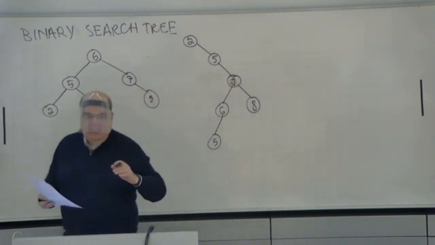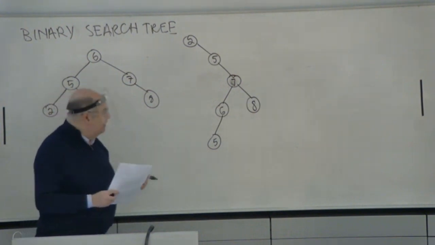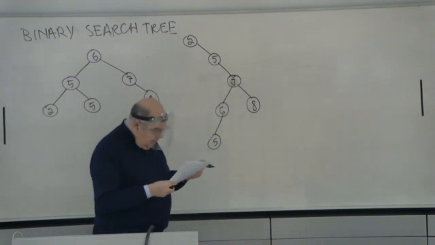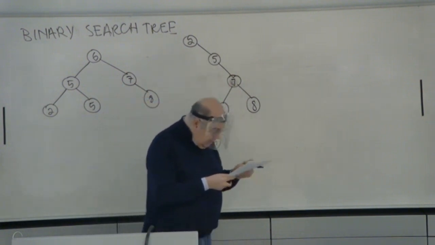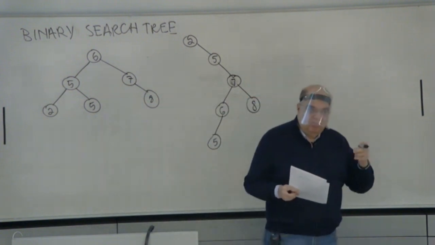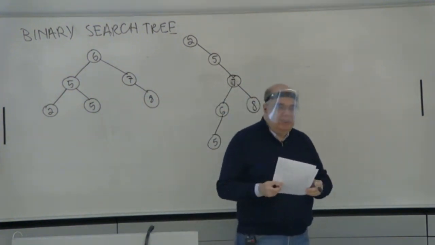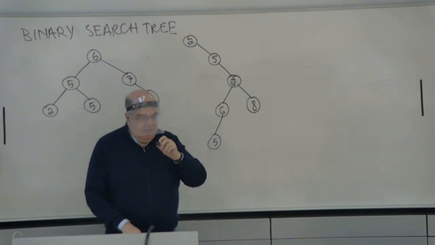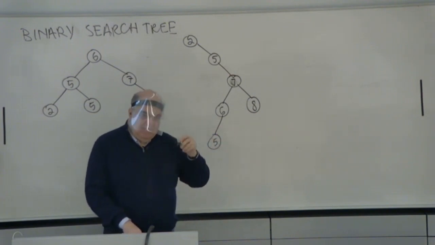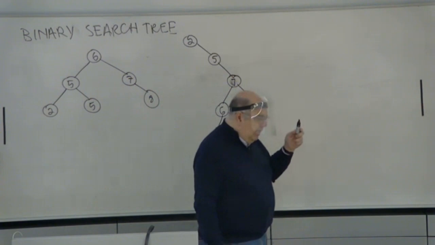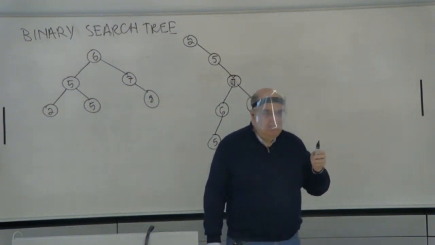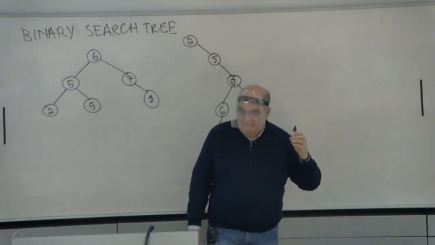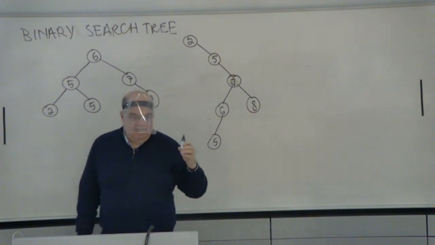So again, we are representing data on a tree, but the representation is not exactly the same as the binary heap, because the structure, as is outlined at the very beginning, is far more complex than that of a heap. I remind you that a heap is just an array where the elements in the array are organized in a way that reflects the structure of a complete binary tree, actually.